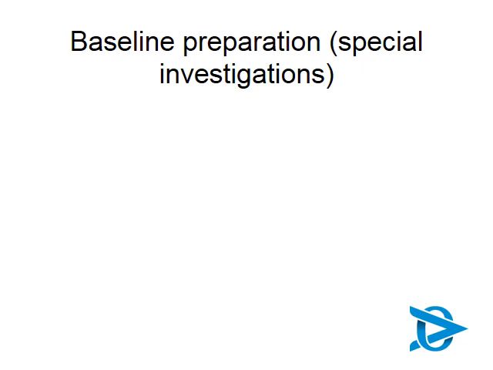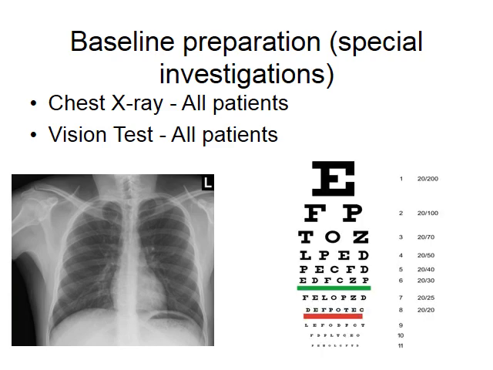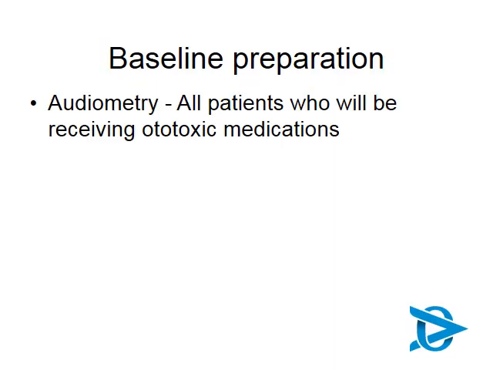And then there are specific special investigations we would like to do. All patients need a baseline chest X-ray, also to help monitor, particularly for worsening over time. And all patients need a baseline vision test, also to do with monitoring medication. Very important, our patients who are going to be on injections will be receiving very ototoxic medications, and they all need to have a baseline audiometry.